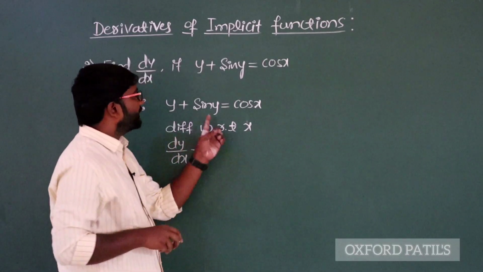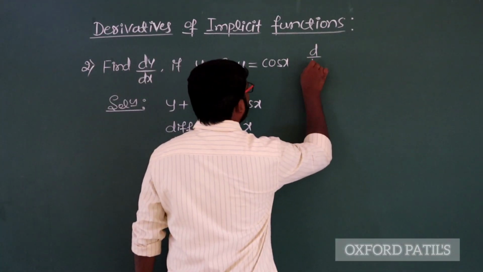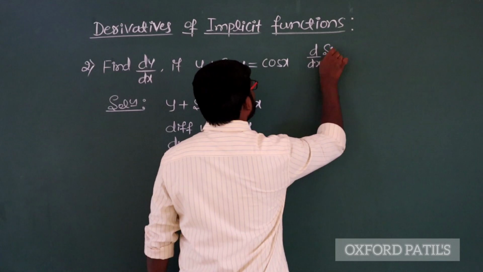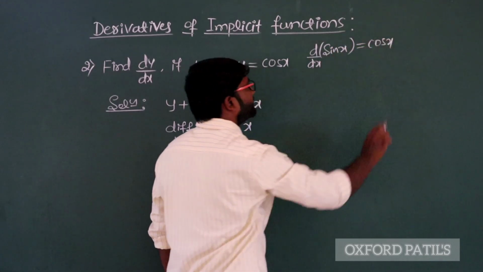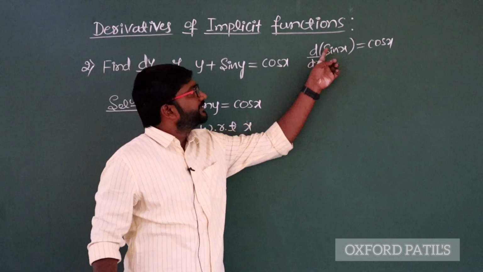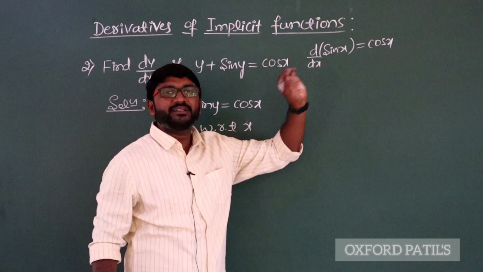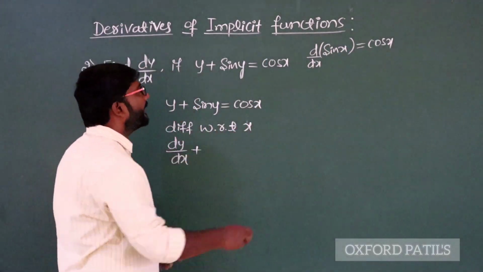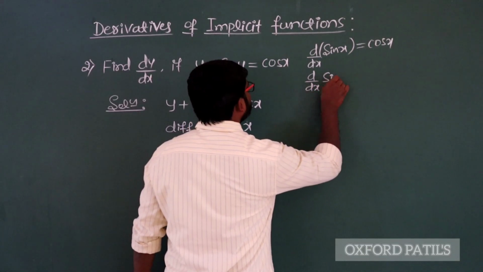plus the derivative of sin y. We know the formula d by dx of sin x is cos x. So we are differentiating with respect to x. Whenever it is d by dx of sin x, the formula is cos x, but here we have d by dx of sin y.